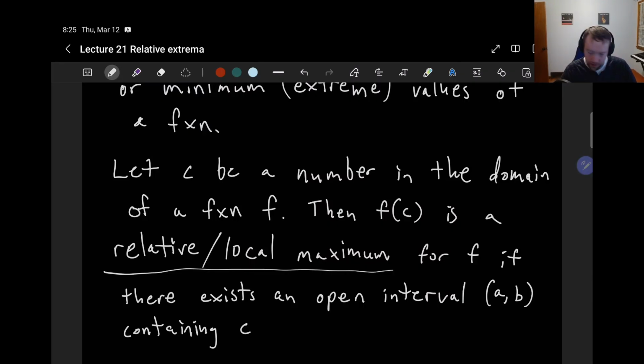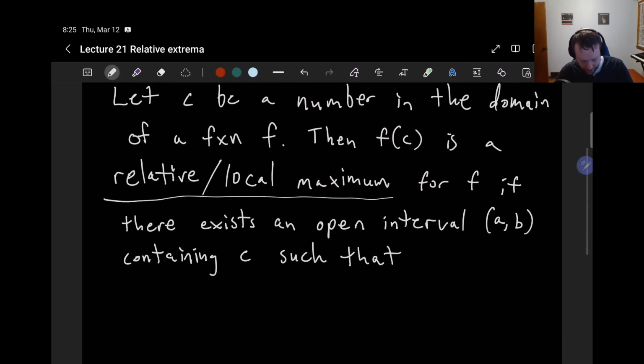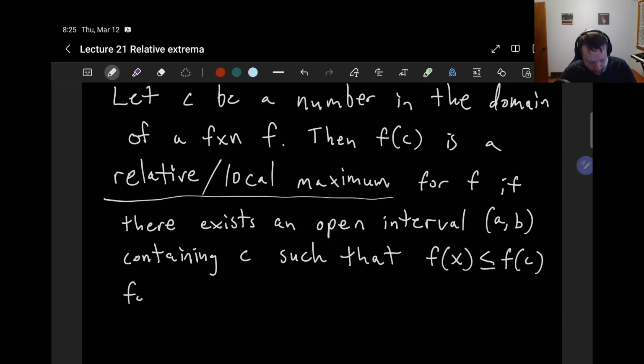So we can find some open interval like this, such that f of x is less than or equal to f of c. And what is x? Well, this is for all x values in that interval.